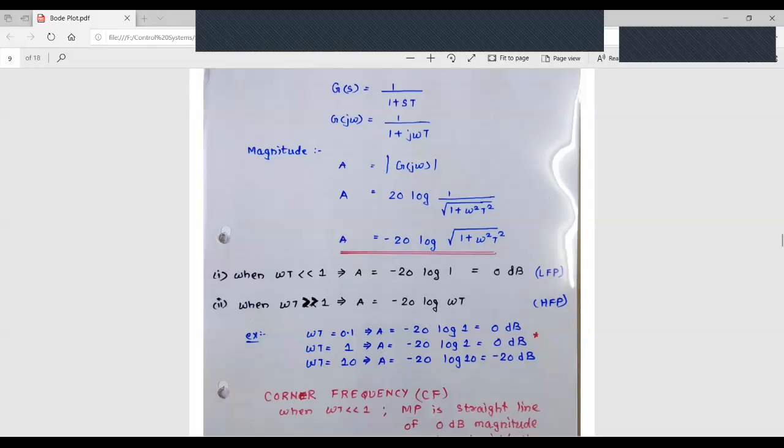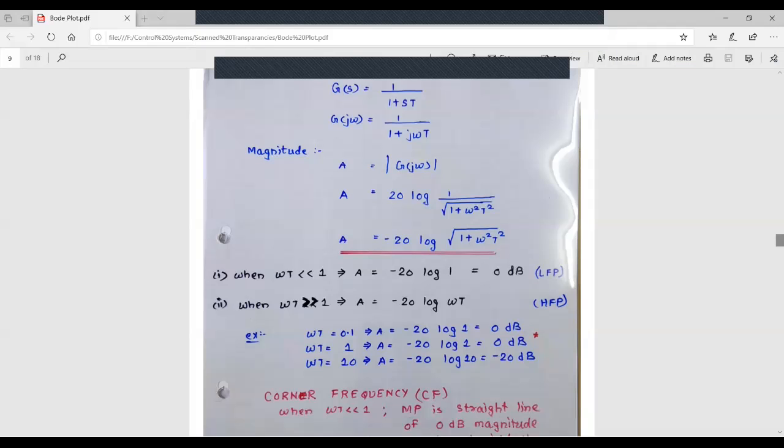Okay, so now let us go back to the screen. This is the formula for the corner frequency that I was talking about. Always remember, this is an approximation, because we have made this approximation, omega t less than 1, omega t greater than 1, with a threshold at omega t equal to 1.